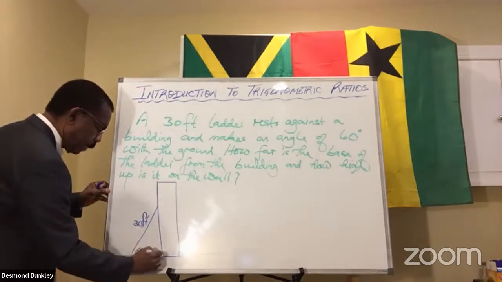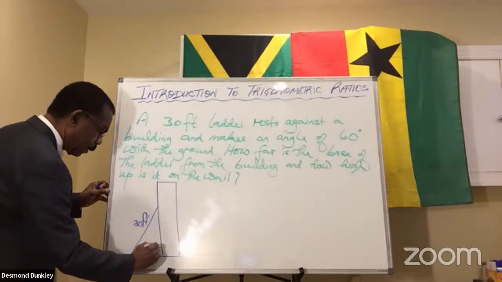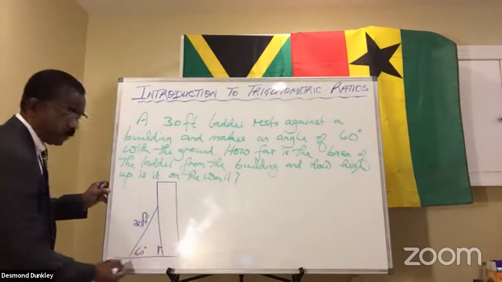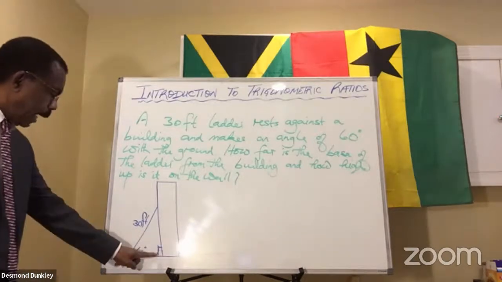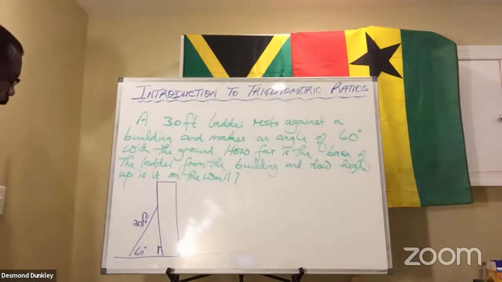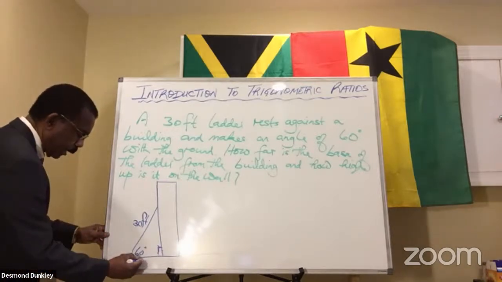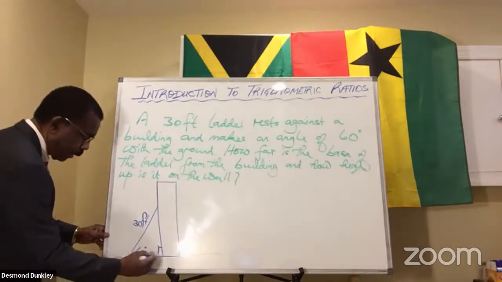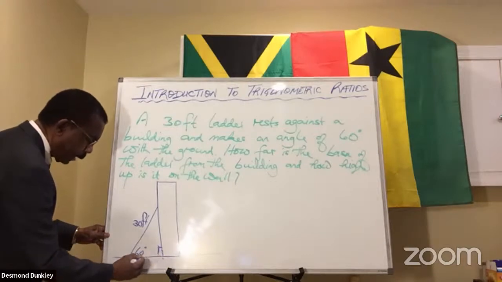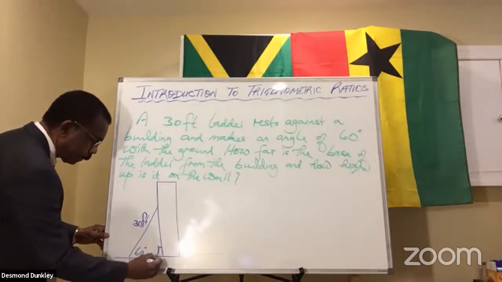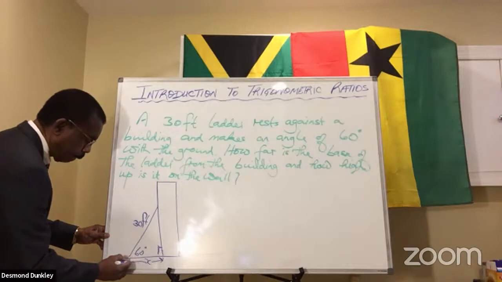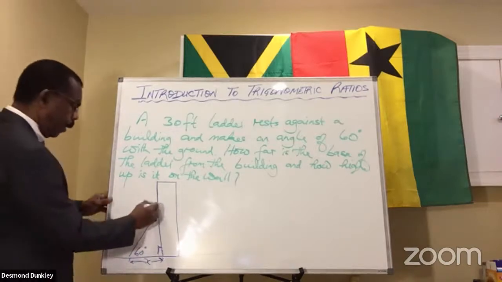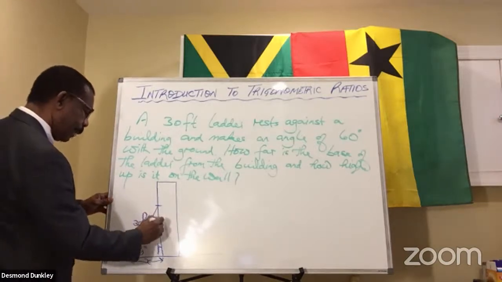And of course, you assume that the building is vertical and the ground is horizontal, so it makes an angle of 90 degrees. So let's call this portion here, we need to calculate from here to here, let's call that X. And we need to know how high up it is. So let's call this H.